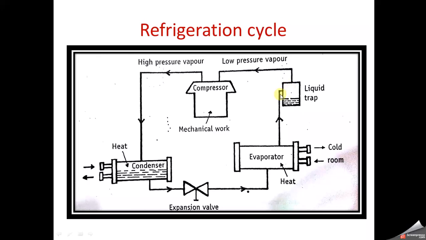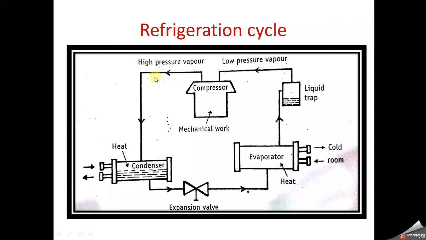That minute quantity in the liquid form of the refrigerant will go back to the condenser, and the rest of the vapors which are at low pressure will be sent to the compressor. The compressor will convert them into high pressure vapors, okay, and moreover it is also responsible for circulating the refrigerant throughout the unit, right?